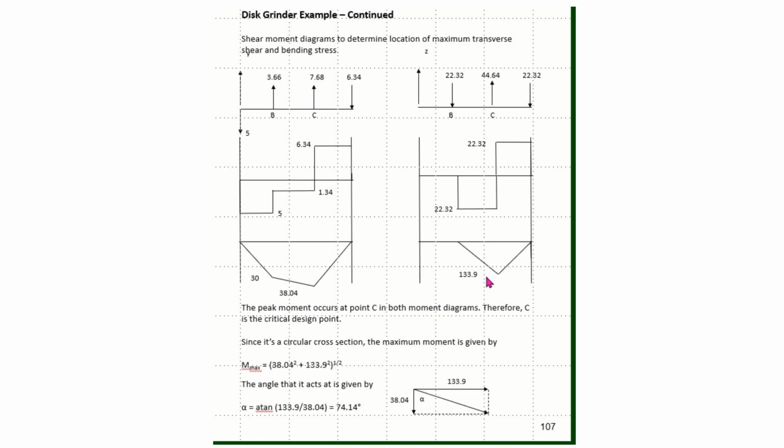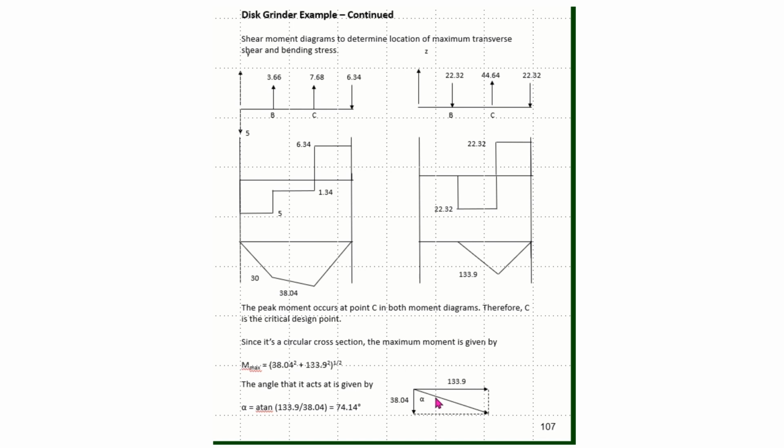Since this is a circular shaft, I know that the maximum moment that will cause bending is given by the square root of the sum of the squares of those two moments, and so I'll take the 38 square it plus the 133 square it and square root it, and that will be the moment that I use to compute the bending stress in sigma equals Mc over I. I can compute the angle at which that bending moment occurs by taking the arctangent of the 133.9 over the 38 and solving for that angle alpha there, and that will give me the angle at which that maximum bending moment will occur.